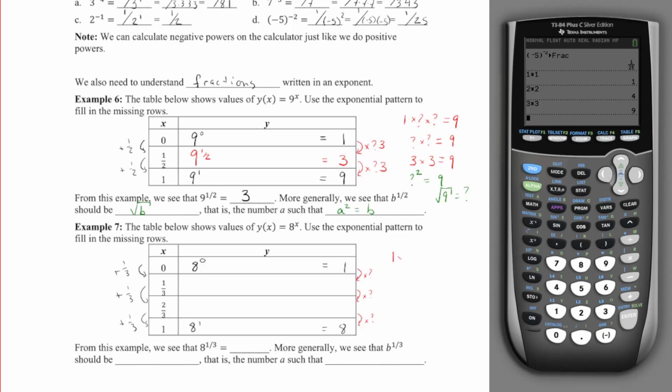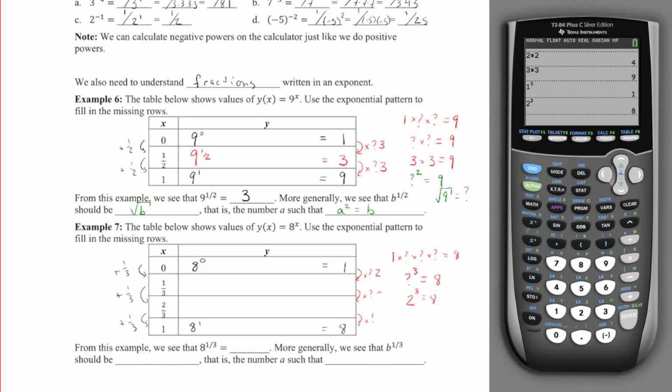So we take 1 times our unknown number times another copy times a third copy. That gives us 8. So we multiply together 3 copies of our unknown number, the unknown number to the third power gives us 8. We'll use trial and error again, right? So 1 to the third power is 1, that's not 8. 2 to the third power, oh, there we go, that's 8.